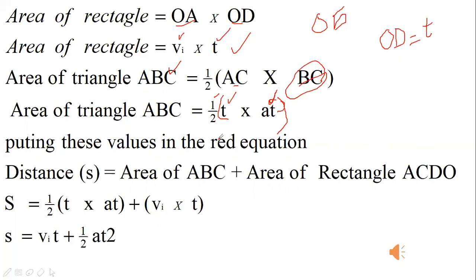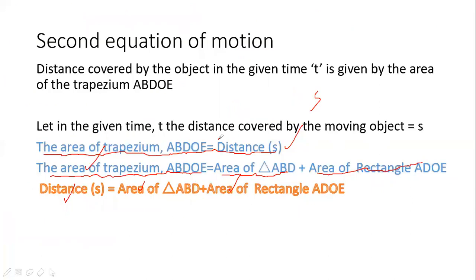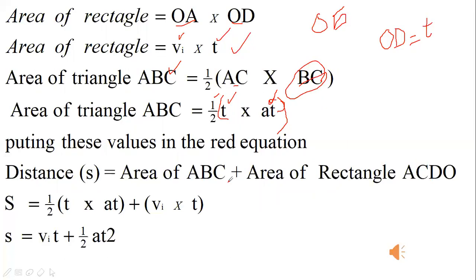Now put these values in this equation. I will write in this red equation: in place of the distance, you will write S, here you will write the area of the triangle, and here you will write the area of the rectangle. So the area of the triangle is equal to this, and the area of the rectangle is equal to this.